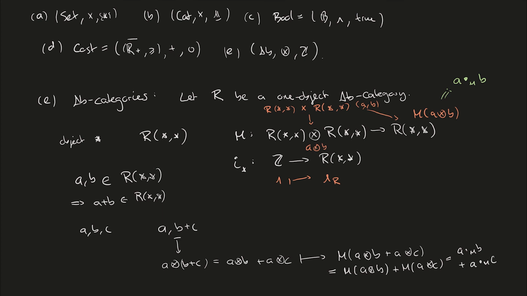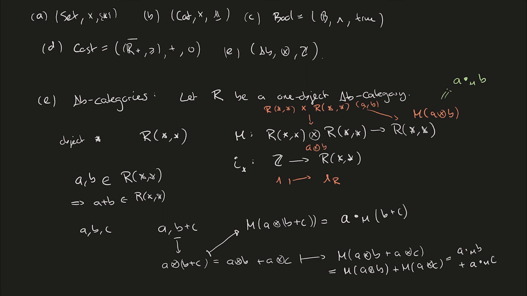On the other hand, if we would not have expanded this element into two summands, we would have gotten that this is equal to M(A tensor (B plus C)), which using our other notation is A times M(B plus C).